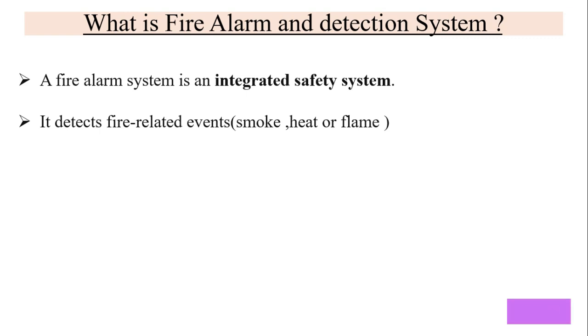So let's get started. What is a fire alarm and detection system? A fire alarm system is an integrated safety system. Basically this is for safety reasons, to protect from fire.